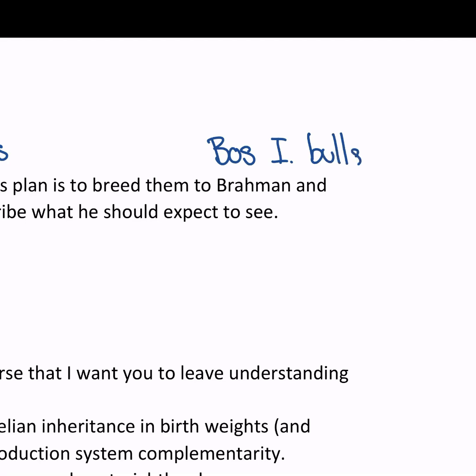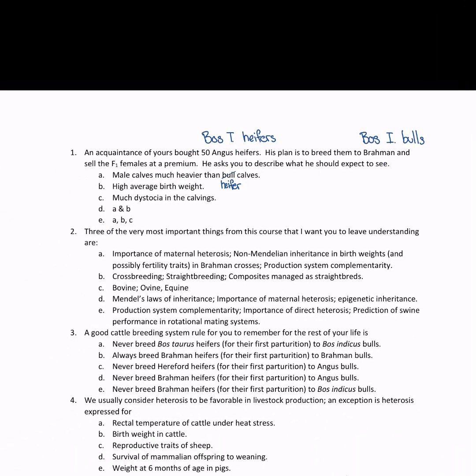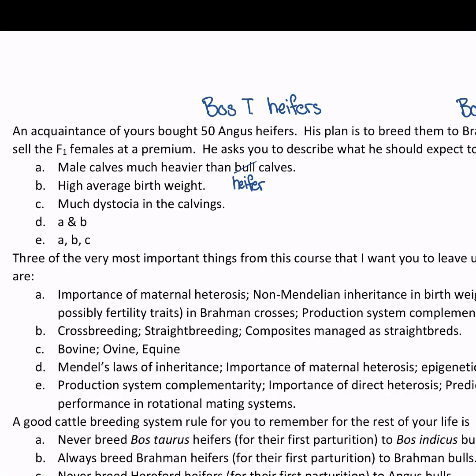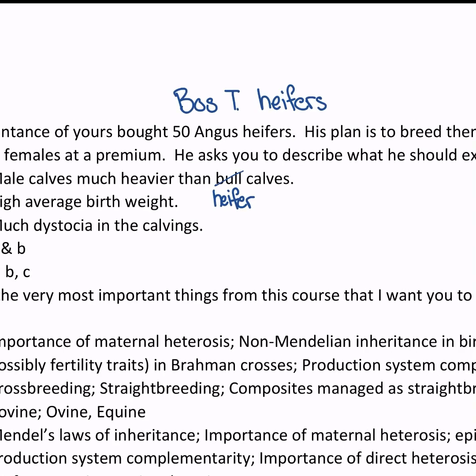And we all know that when the bulls have a lot more Bos Indicus than the females, which in this case is complete opposites, we're going to see some increase in birth weights. So B is correct in this case.